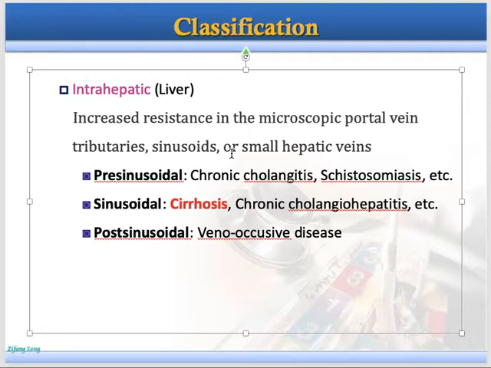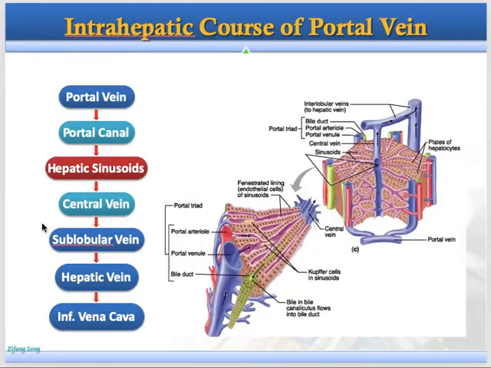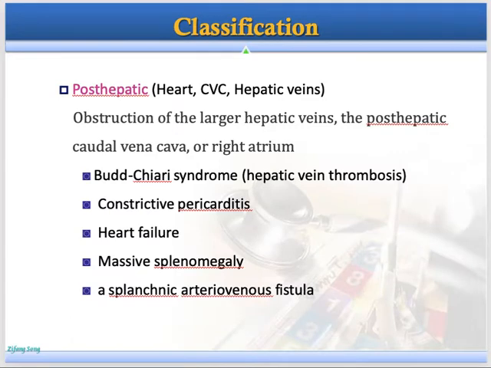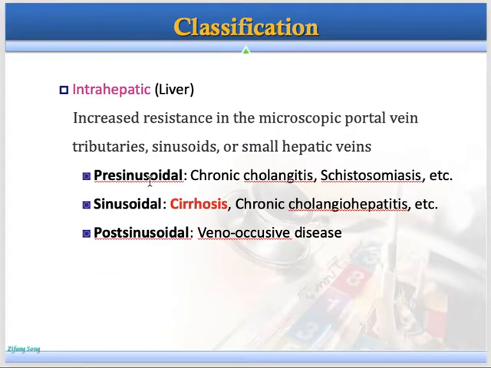Now you can see it could be pre-sinusoidal, sinusoidal, or post-sinusoidal. We are talking about the hepatic sinusoids. Pre-sinusoidal like chronic cholangitis or schistosomiasis, and sinusoidal, of course, cirrhosis, because what is cirrhosis?